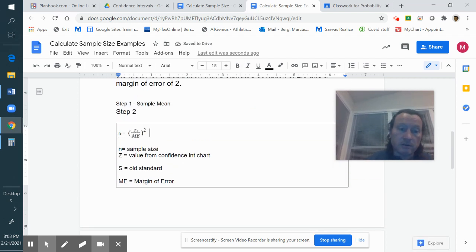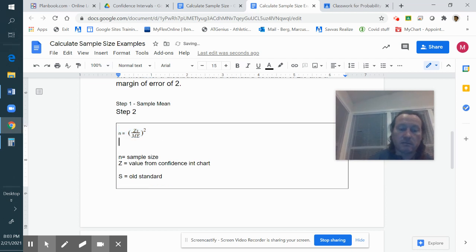I'm going to copy and paste this part and then fill in what I put here.